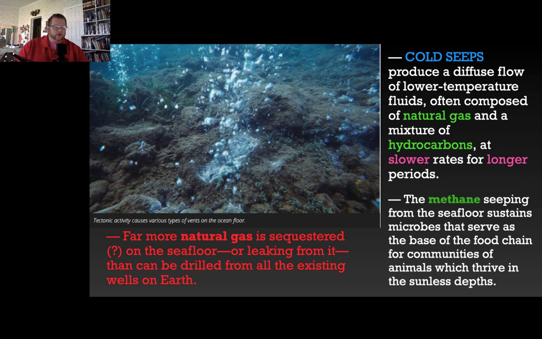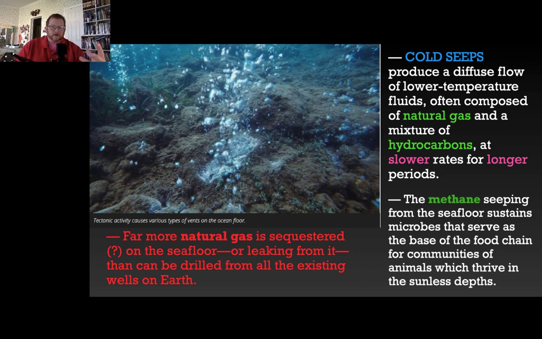So hydrothermal vents on the ocean floor, deep areas of the ocean floor. It's very hot, 752 degrees. These nasty gases and chemicals come out of the ocean floor. Very hot.